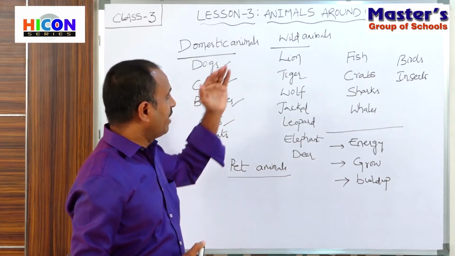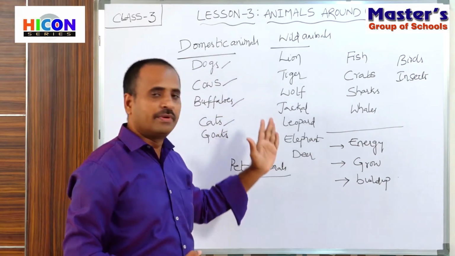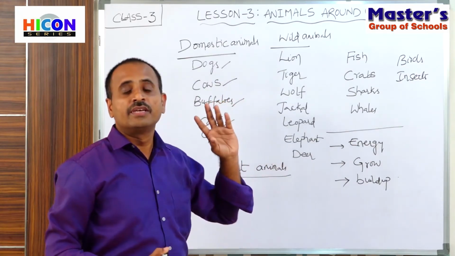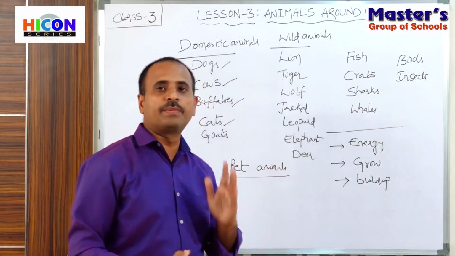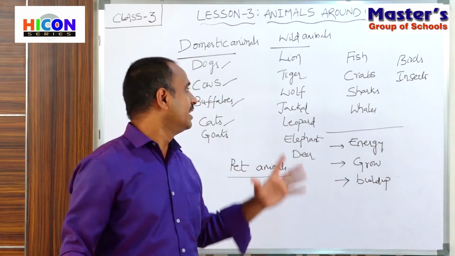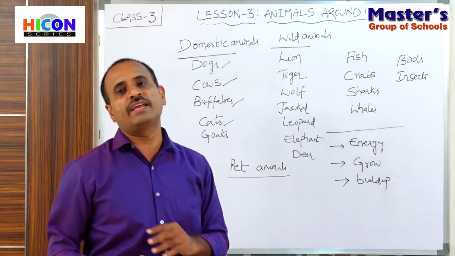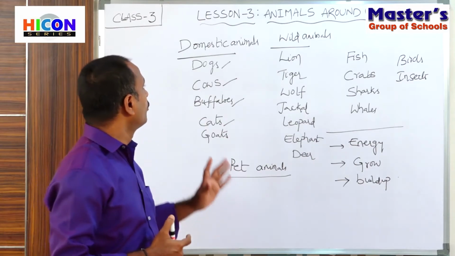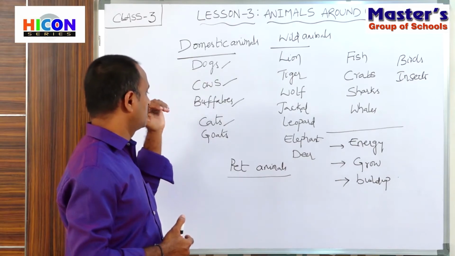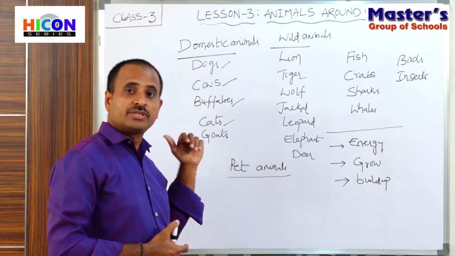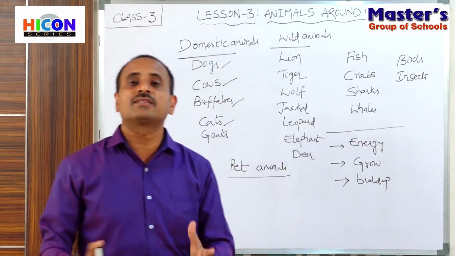Here, the wild animals, especially lion, tiger, wolf, and leopard, eat the flesh of other animals. That means these animals depend upon other animals, and they will hunt other small animals and eat their flesh. Whereas domestic animals like buffaloes, cats, goats, and sheep will eat plants and grass.